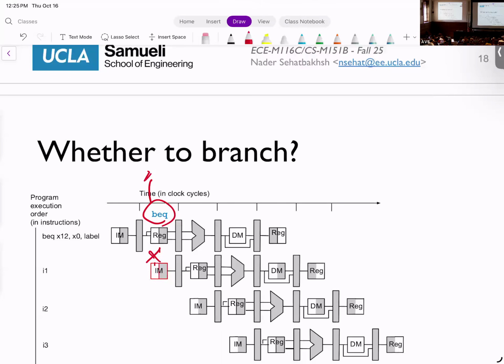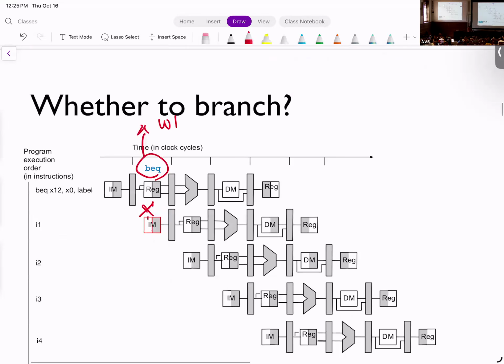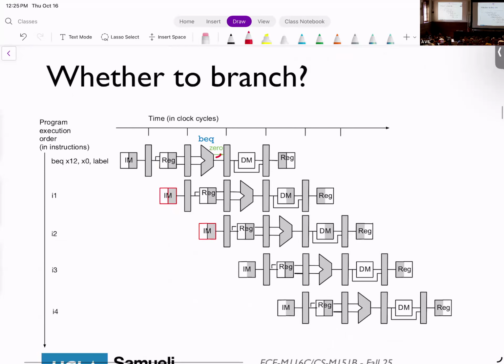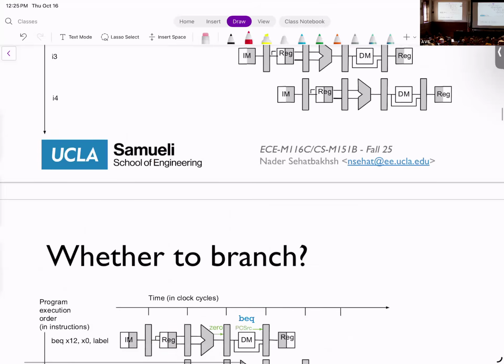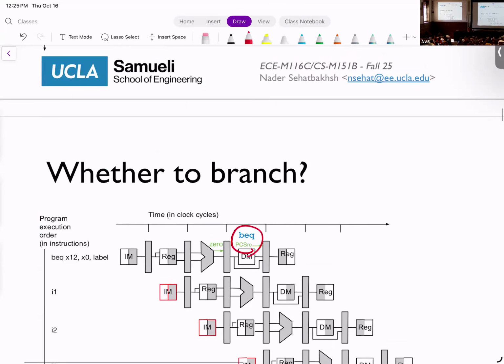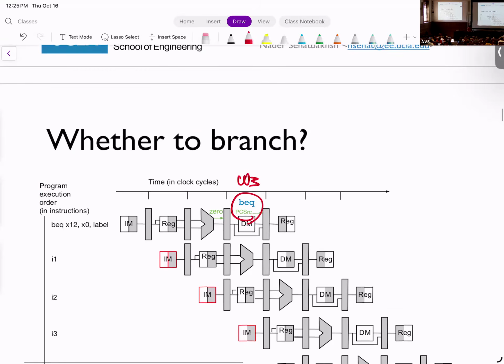I only know that this is a branch instruction, so I know the first W, but not the other 2 Ws. Then I move forward, and at this point I have the value of the 0. So I know the first question here, the second question here, and whether or not the branch is taking the jump here. This is the third question.